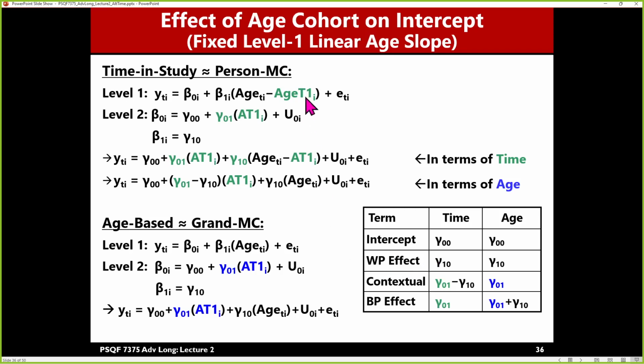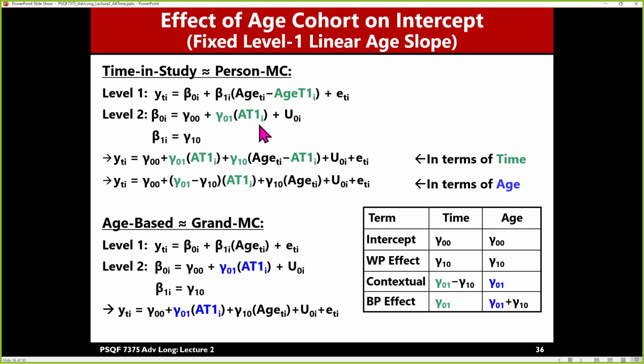So the effective age and the effective time at level 1 end up being the same once you've included baseline age in the level 2 model. The level 2 model has exactly the same predictor in it either way, but its slope is different across models, because its job is different across the two models.